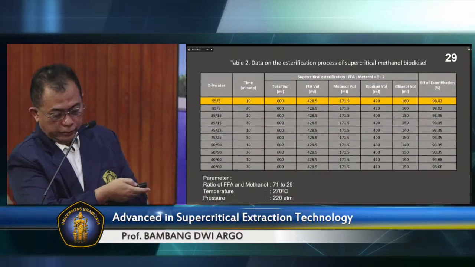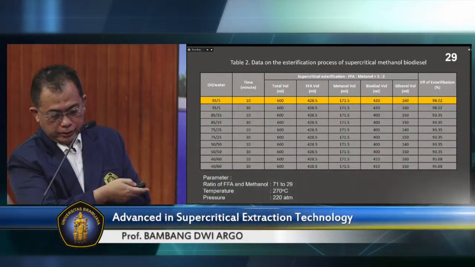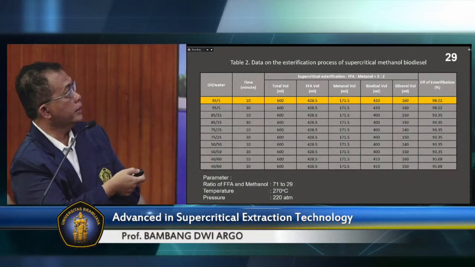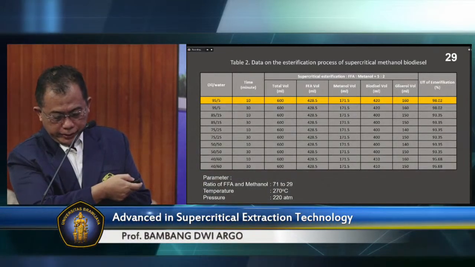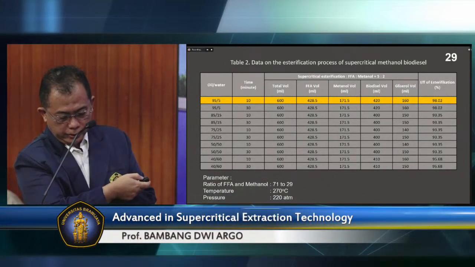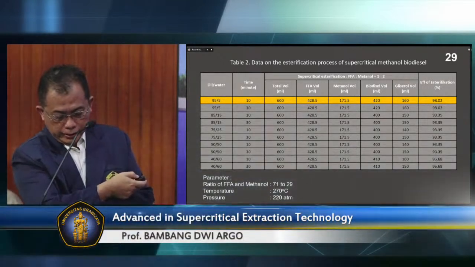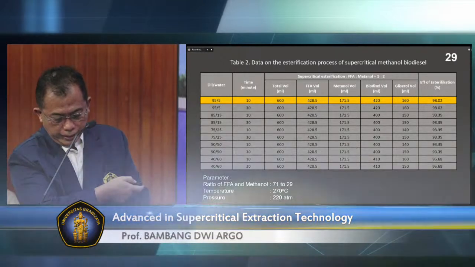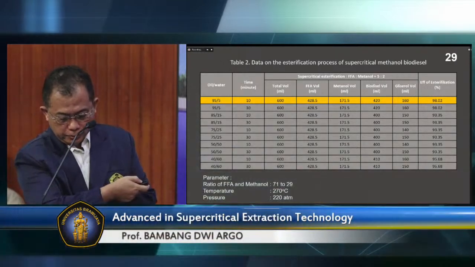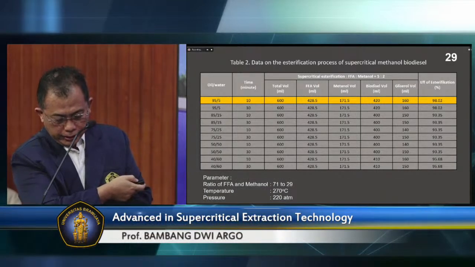And we also have the result. The following tables show the result of the esterification using a batch supercritical reactor. Free fatty acid resulting from hydrolysis is esterified under supercritical condition to produce biodiesel and glycerol.